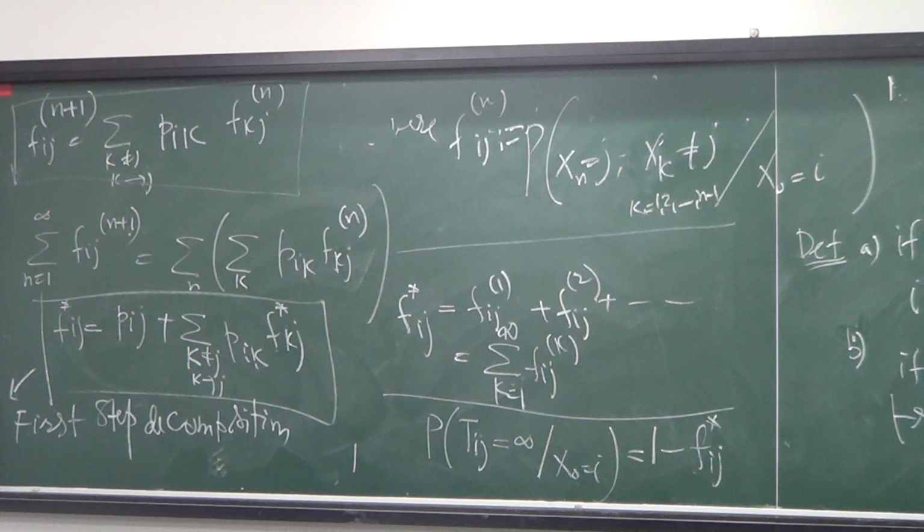If they turn out to be 1 or less than 1, they tell you whether the given state is transient or recurrent. So all this analysis allows you another kind of classification of the states, whether each state is a recurrent state or a transient state. Maybe you can see an example for yourself, otherwise we're going to discuss it in the next class.